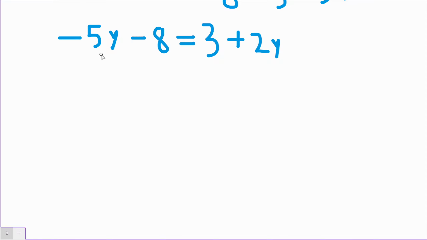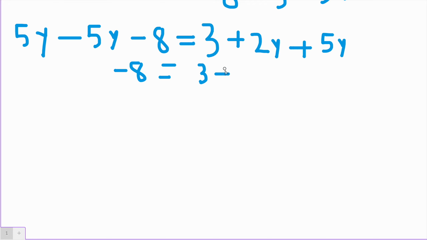We probably want to add the negative so that we get a positive variable. So we could add 5y to both sides. And then we would subtract 3 from both sides.